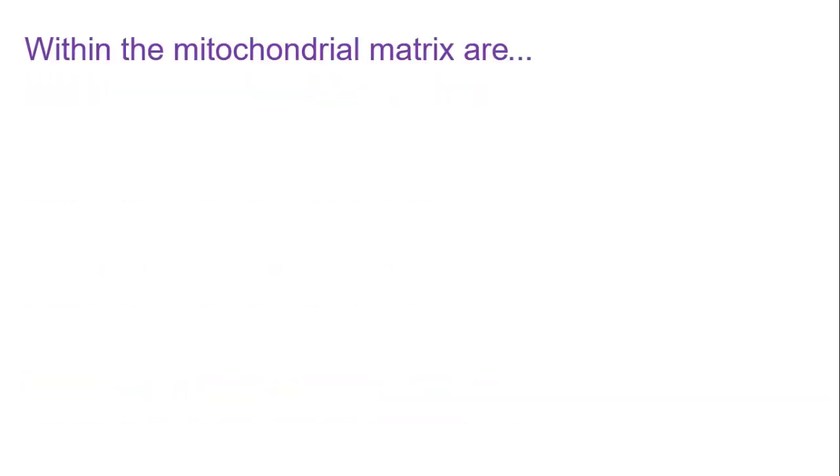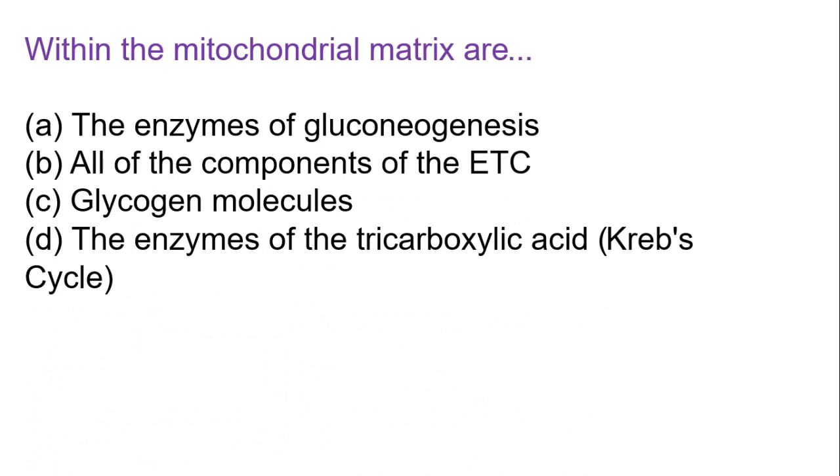Within the mitochondrial matrix are: A, the enzymes of gluconeogenesis; B, all of the components of the ETC; C, glycogen molecule; D, the enzymes of the tricarboxylic acid cycle, which is just the Krebs cycle. So the answer is D.